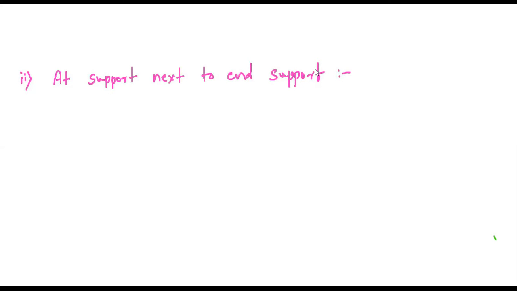So here, at support next to end support, what will be the bending moment?